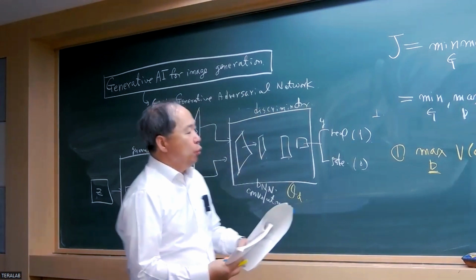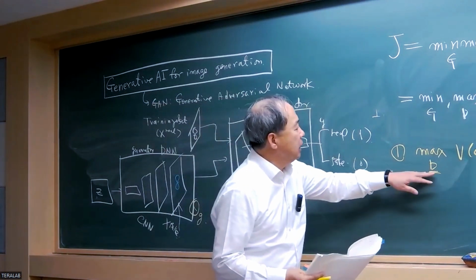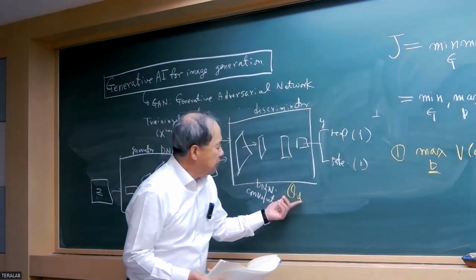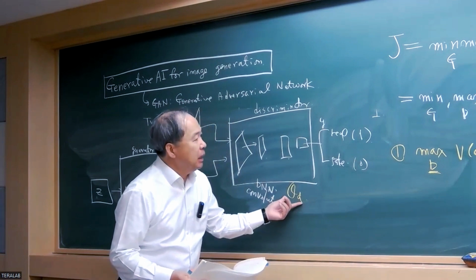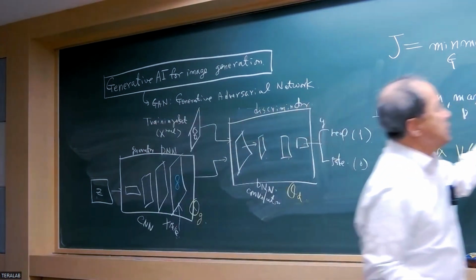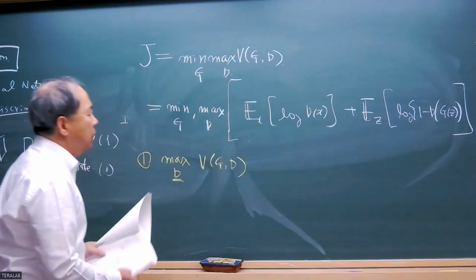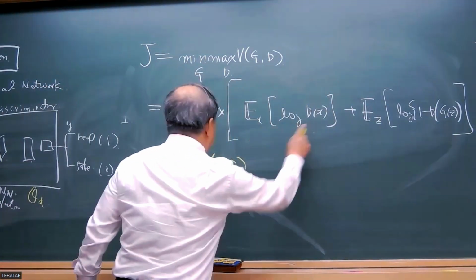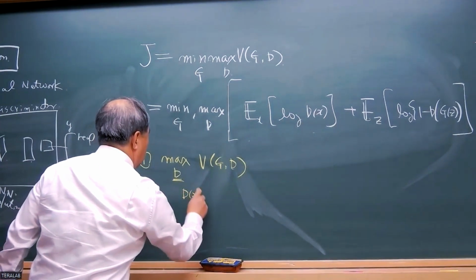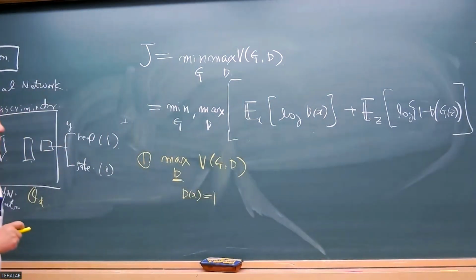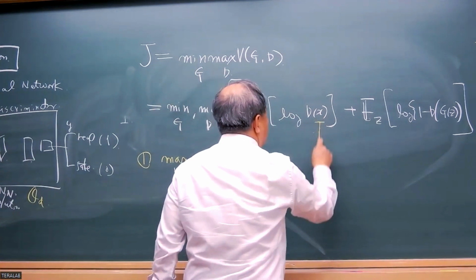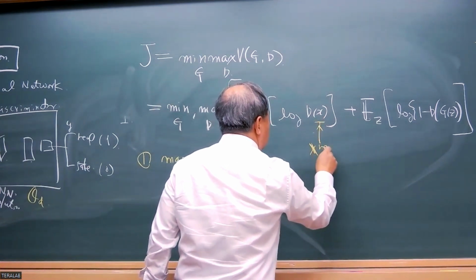This means we have to train discriminator parameter theta D to maximize this loss function. How can we do that? D(x) should be equal to 1. This is actually x real.